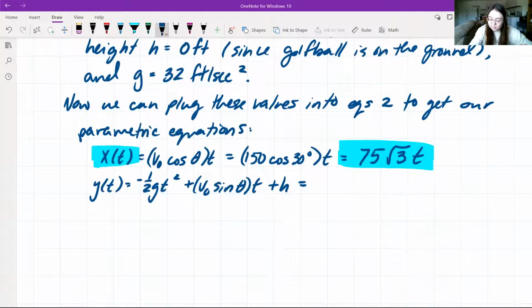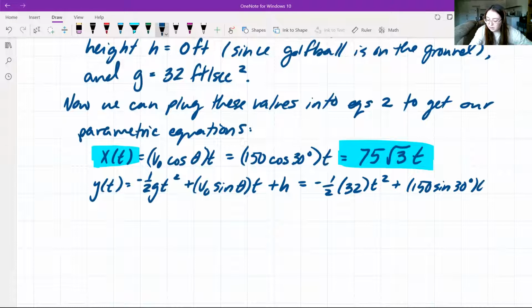So simplifying this equation, we can get that this is going to be equal to negative 1/2 times 32 times t squared plus 150 times sine of 30 degrees times t plus 0.